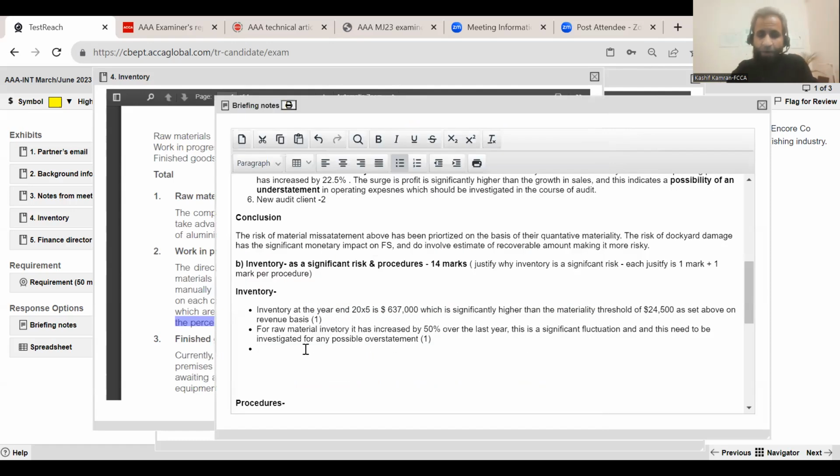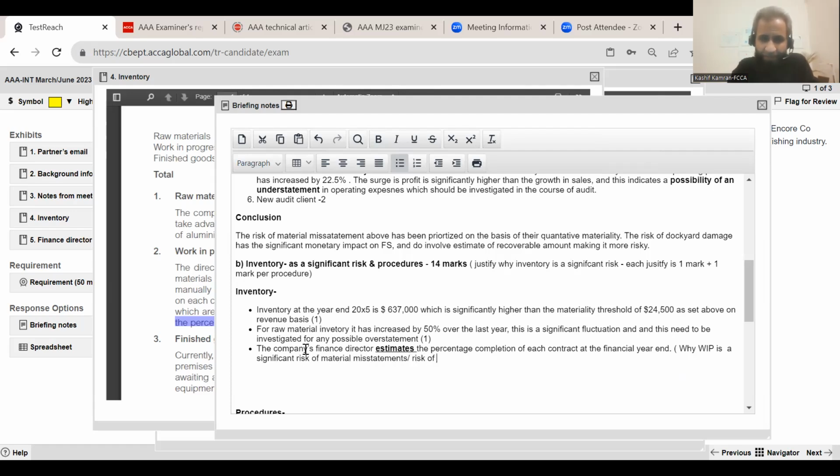So why is work in progress a significant risk of material misstatement in inventory? Because the company's finance director estimates the percentage completion, and that estimate is making it risky. Anything estimated becomes risky. So that is another reason why work in progress is a significant risk of material misstatement, because estimates are involved and there could be a risk of management bias.